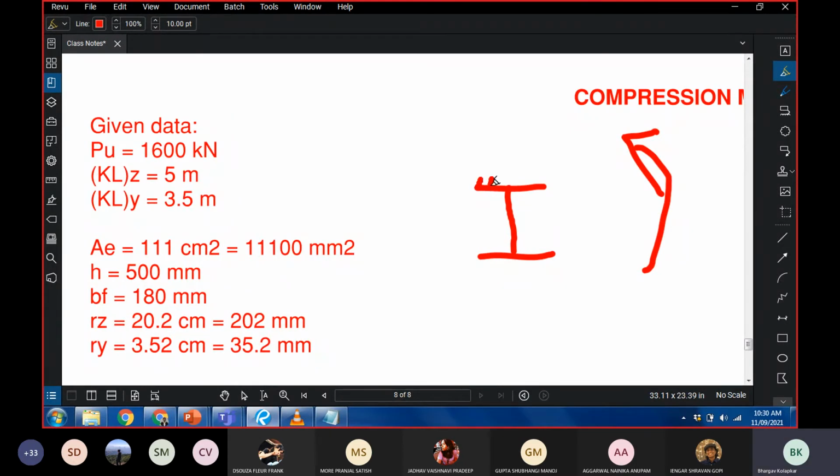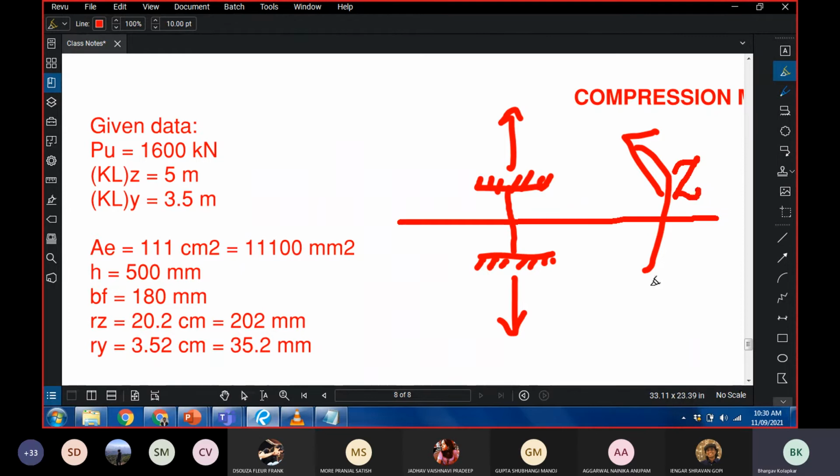So we are concerned about the framing here, or the amount of fixity that it has in this direction. The nature of this framing governs what the effective length is when we are bending about the major axis, Z axis. So the fixity that it has in this direction governs the effective length in Z direction.